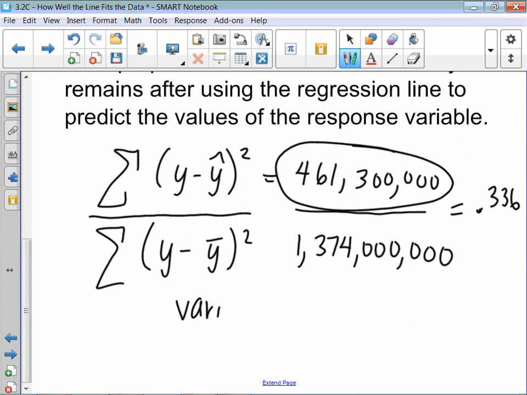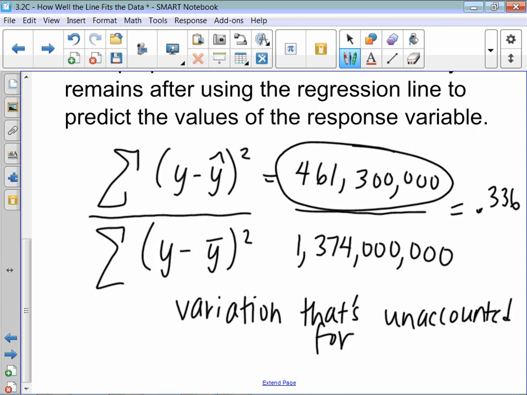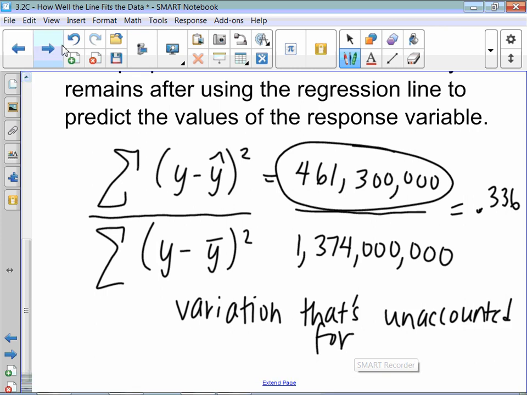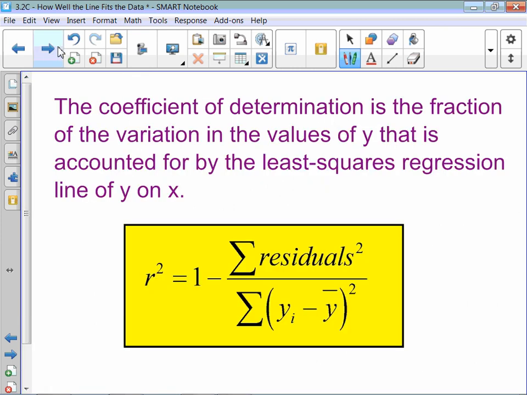This is the variation that's unaccounted for in the picture. What we want is what's accounted for, and so the formula we use is 1 minus that percentage. So it's the same formula except 1 minus that lovely decimal.